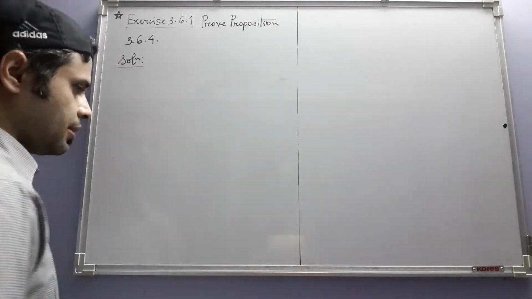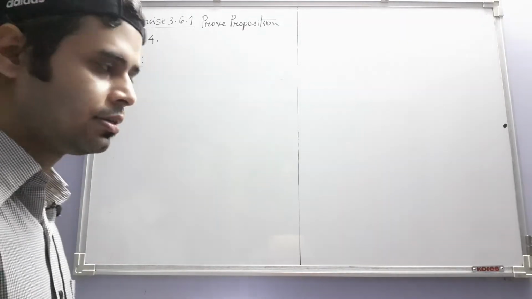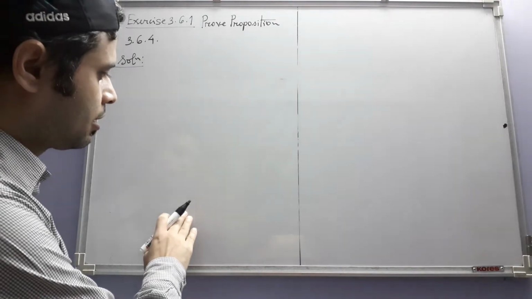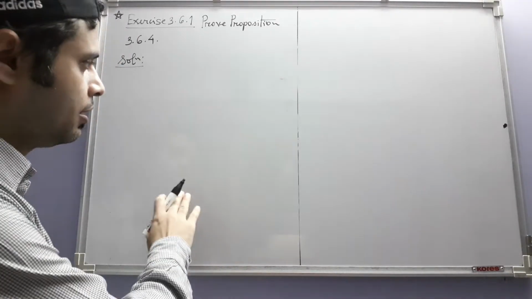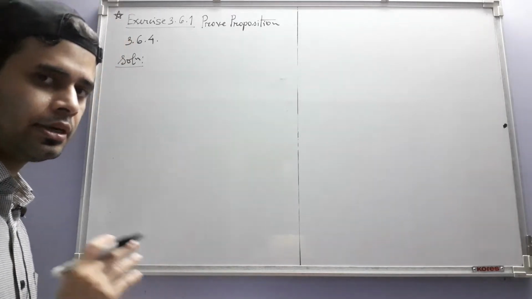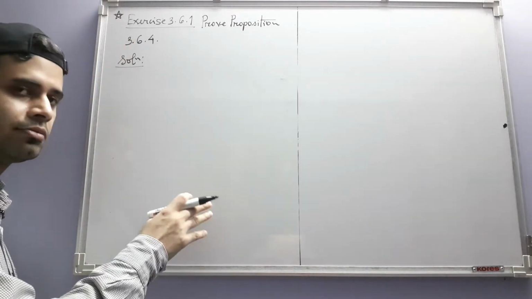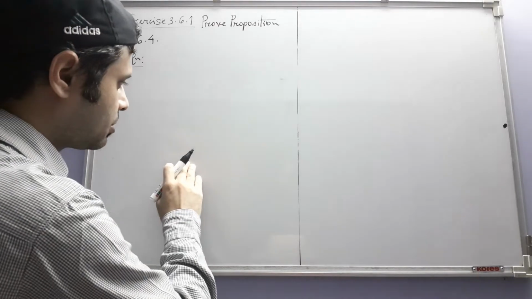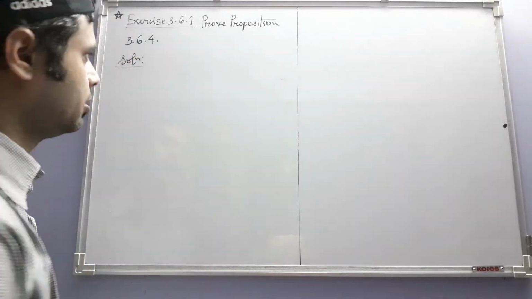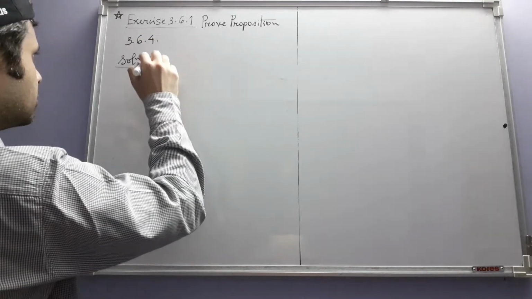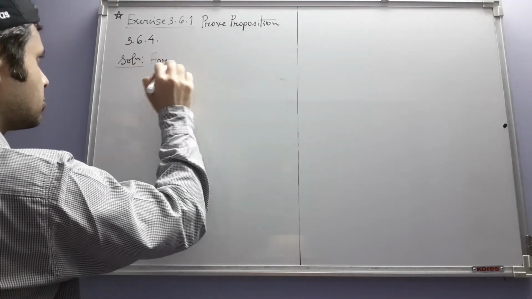So three sets x, y and z were chosen. The first assertion is that x has the same cardinality as x. That means by definition of that relation, we have to show that there is a bijection with x both as domain and range. So we start the solution like this.